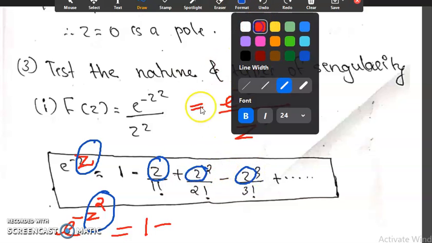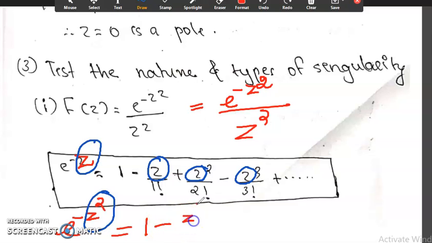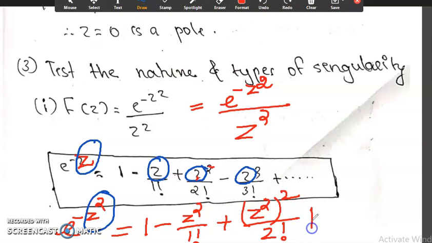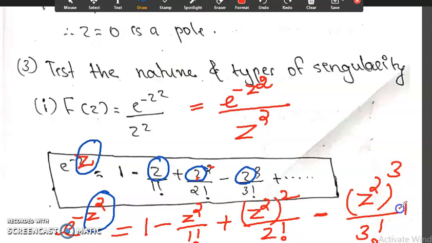So our answer will be 1 minus z square by 1 factorial plus z square the whole square by 2 factorial minus z square the whole cube by 3 factorial plus etc.